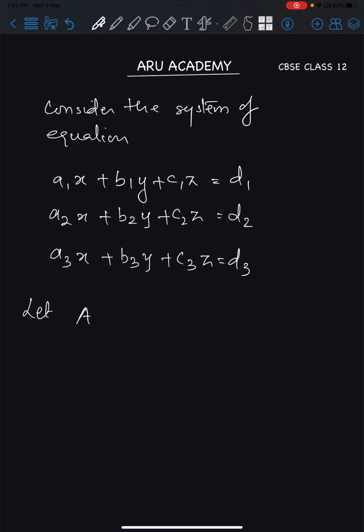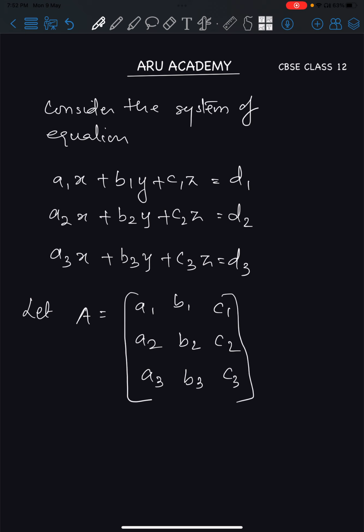Let A equal to a1, b1, c1, a2, b2, c2, a3, b3, c3. This is a matrix with coefficients of x, y, and z.